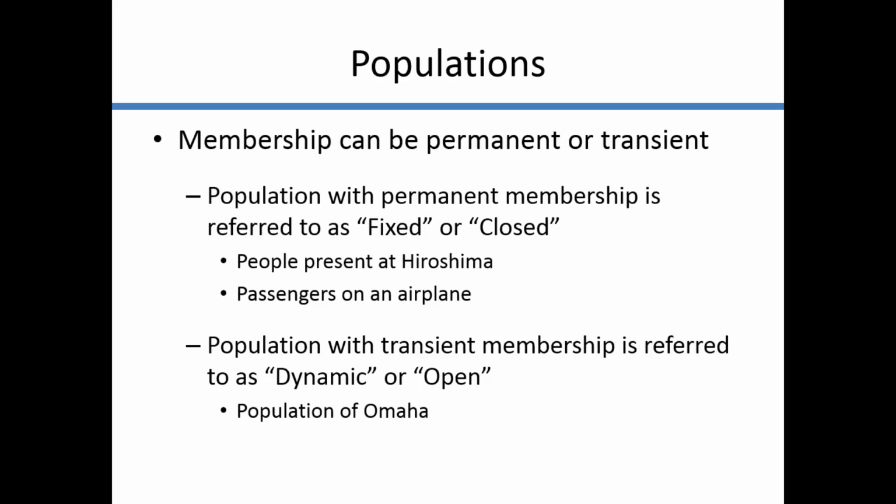And a little to distinguish here, population with a permanent membership is referred to as a fixed or closed cohort. For example, the Nurses' Health Study. If you're in, and you're followed, over time the population gets smaller and smaller as nurses drop out or pass away. Populations with transient membership is referred to as a dynamic population.